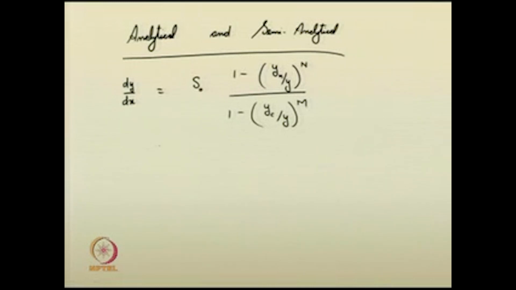Y n is the normal depth, y c is the critical depth. If you recall, in module 2 we discussed the hydraulic exponents n and m for various types of channels: rectangular channels, wide rectangular channels, and trapezoidal channels. We had in fact derived the expressions for n and m also. You can just refer back to them.